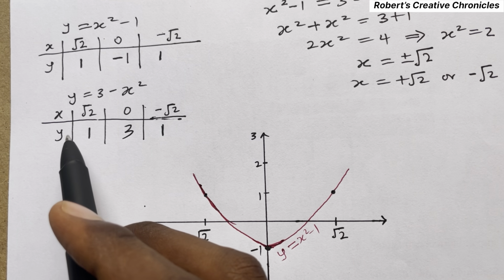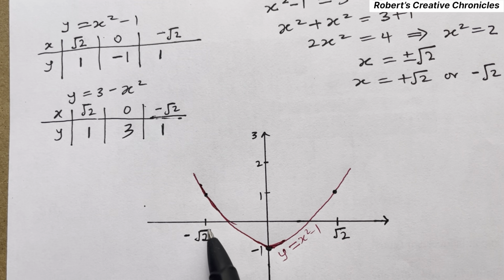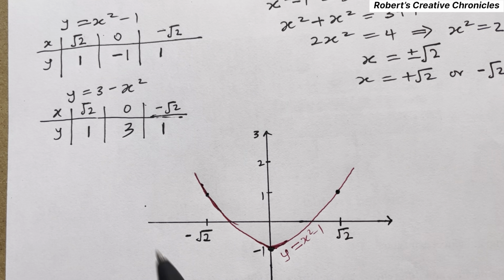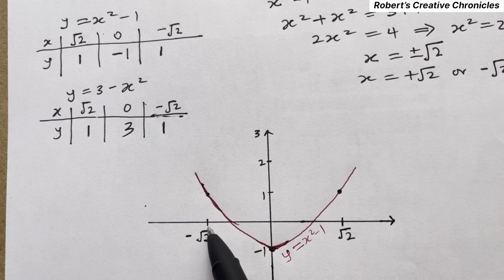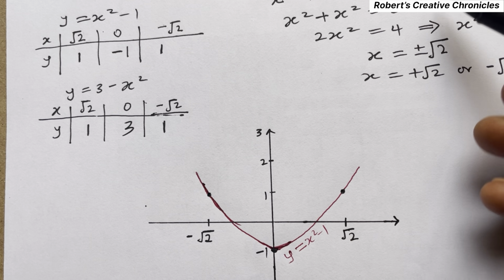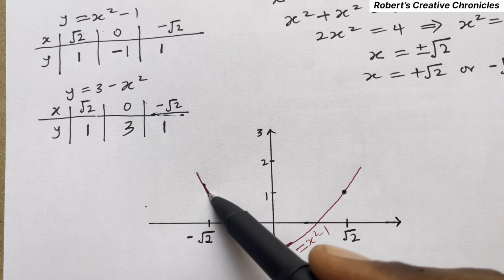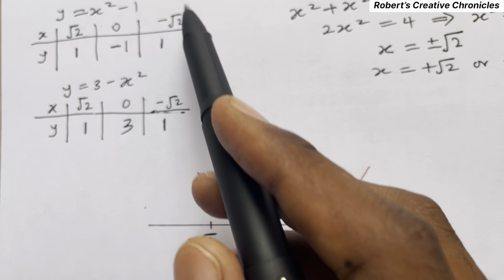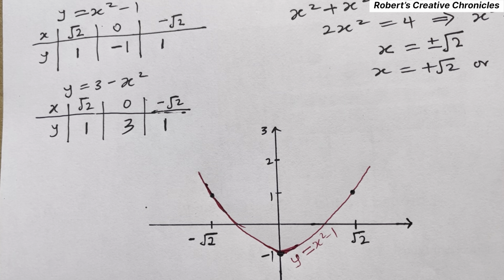Then this one is what? Root 2, the same root 2, then 1. That's at this point. Negative root 2 and 1 at this point. You can see graphically that they meet at this same point, which is root 2, 1, then negative root 2 and 1. These are the common points.